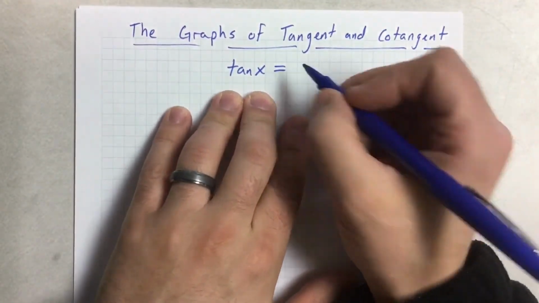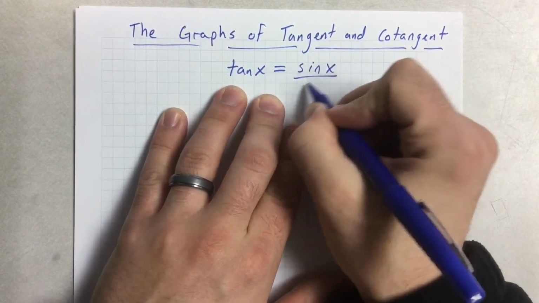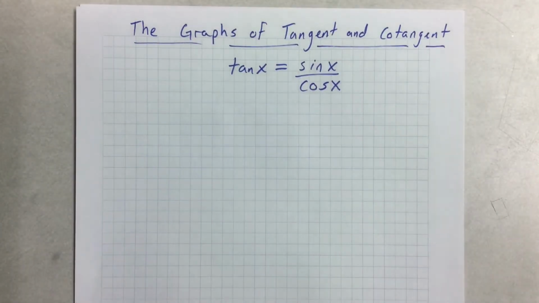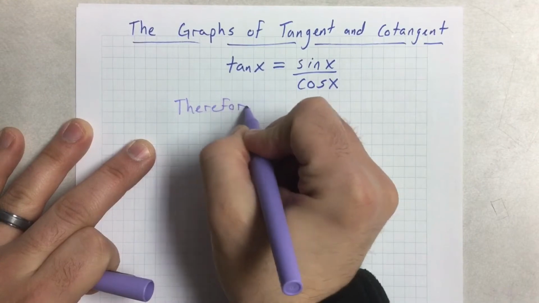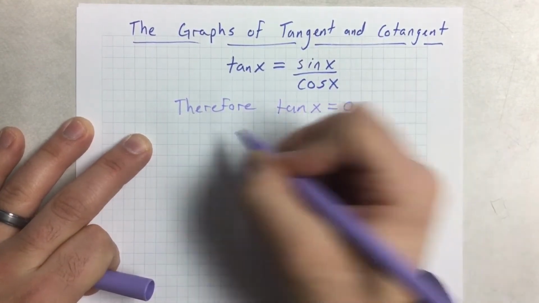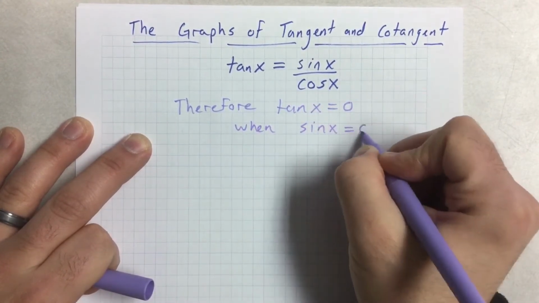So we have to remember that tangent of x is essentially sine of x divided by cosine of x. And because of this, we can say that tangent of x will equal 0 when sine of x equals 0.